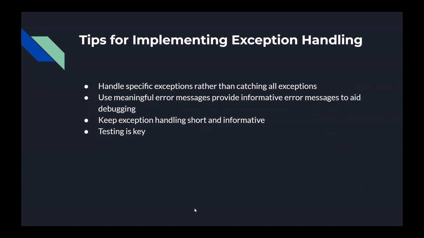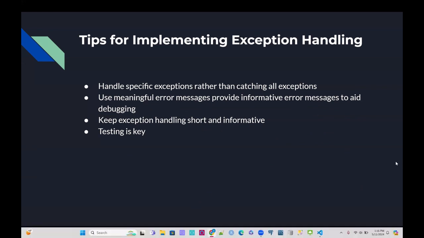When it comes to implementing exception handling, it's really about striking a balance between the time you spend writing the exception handling versus what exceptions you anticipate encountering with the code. We mentioned earlier that if you have a specific data set that you're starting to work with, and you know there's a chance that there will be divide by zero errors or something along those lines, you want to spend the time writing some exception handling for those, and maybe not as much time for file not found errors, as an example.